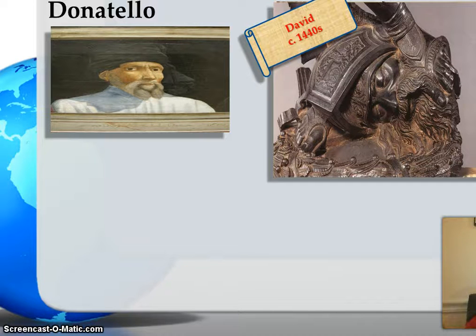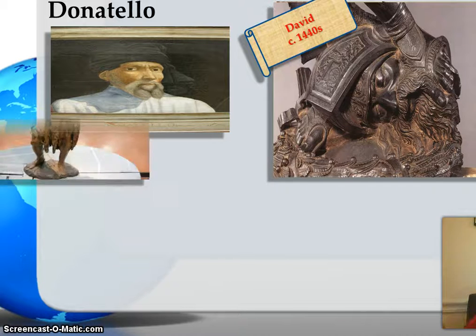David was a popular figure in Renaissance art, particularly in Florence, because the Florentines saw their little city of Florence as small but powerful and surrounded by Goliaths, city-states that were bigger and richer and stronger, who were envious and wanting to take over Florence.